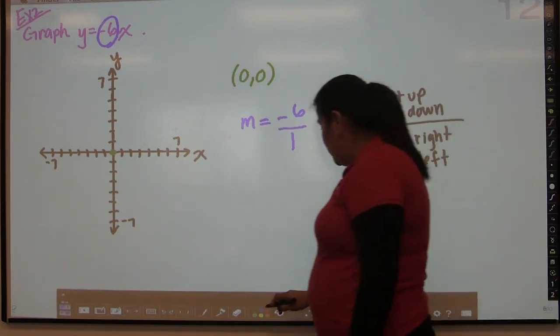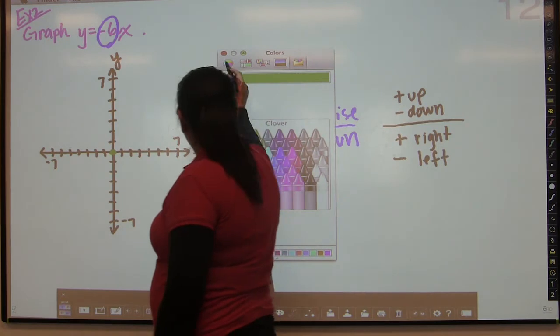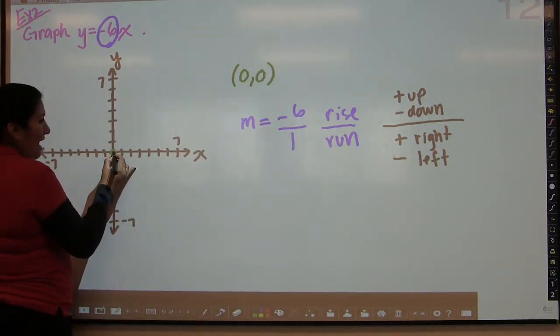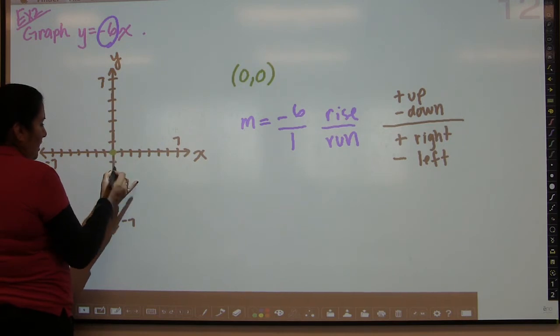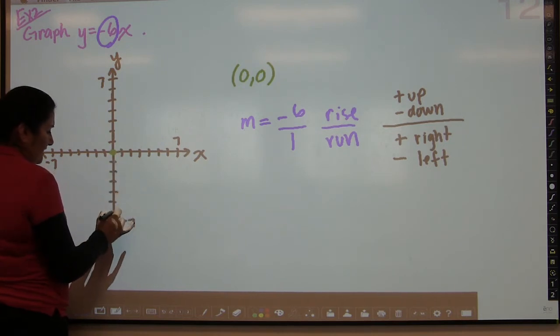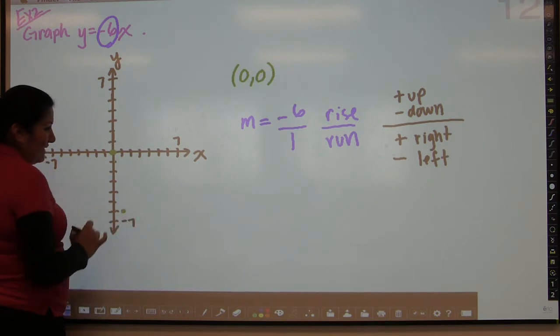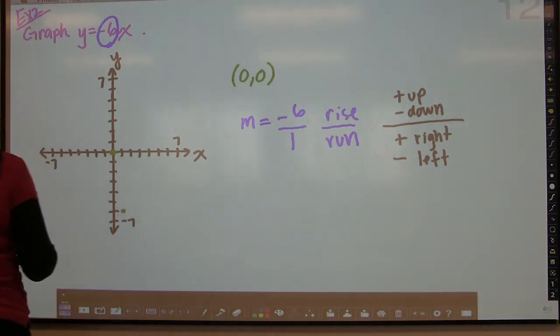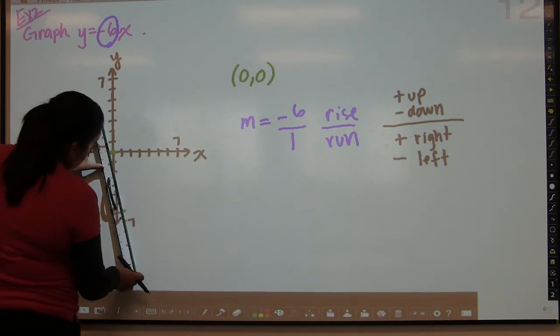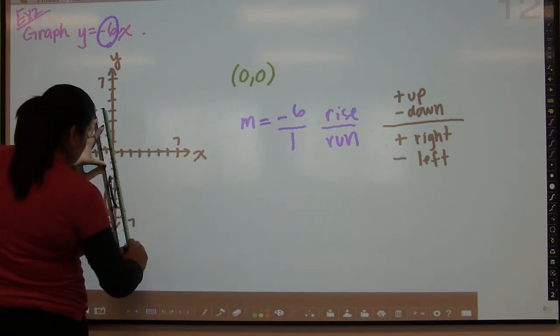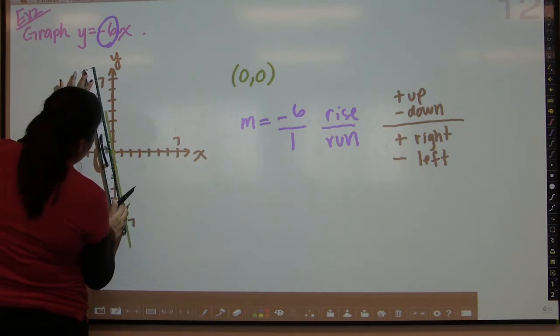So I am going to do that now. I'm going to start here at the origin, start at the point that I already have, and go down 6, 1, 2, 3, 4, 5, 6, and to the right 1. And I'll put my second dot there, and then I will connect the 2 dots, or points, and I get this line here.